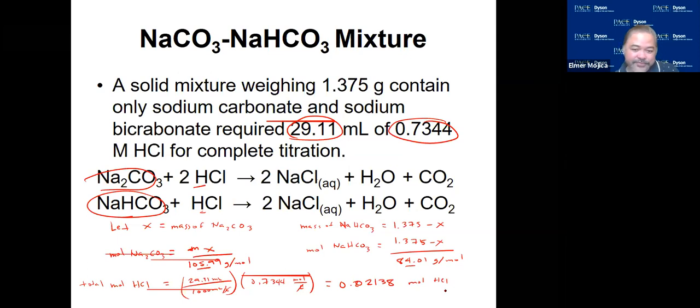Now, how are we going to put together the stuff that I wrote here? This is the total moles of the HCl. So if we look at this, these are from here. How will I set up this relationship that is equal to this one?